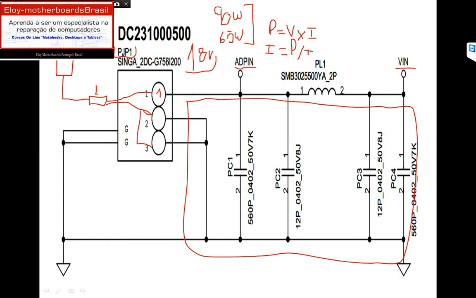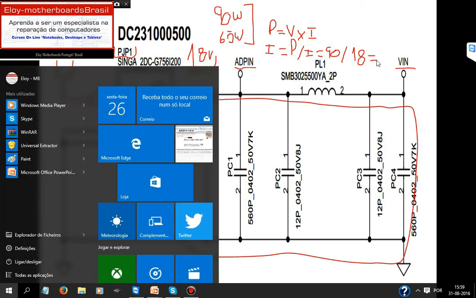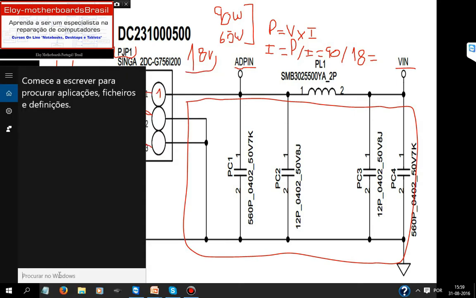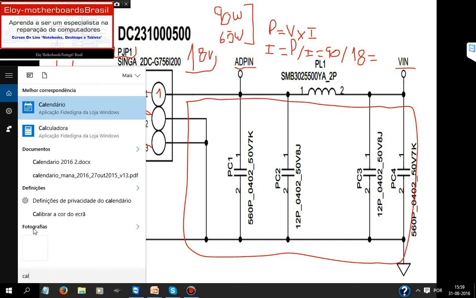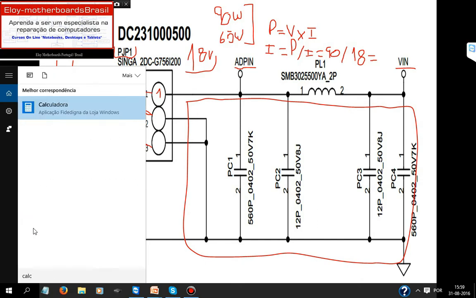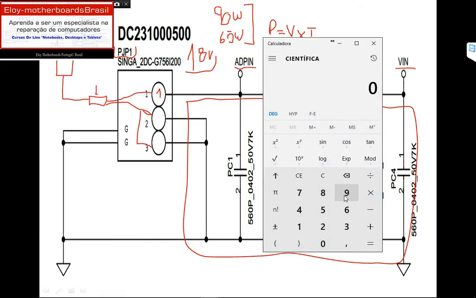Let's use 90 watts divided by 18 volts, and we will have something like 5 amperes.